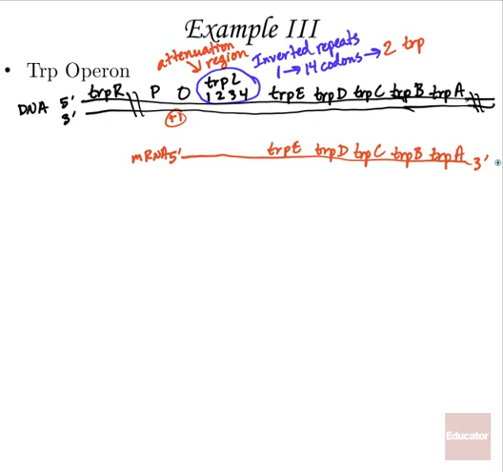We get this one when we have low tryptophan concentration. Okay? When we have low tryptophan concentration, we get this. And the reason being, what happens is that we actually get this attenuation region looking like this.